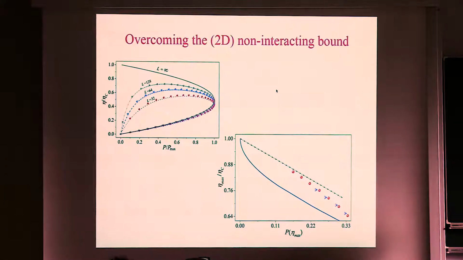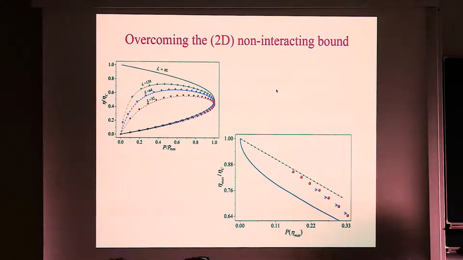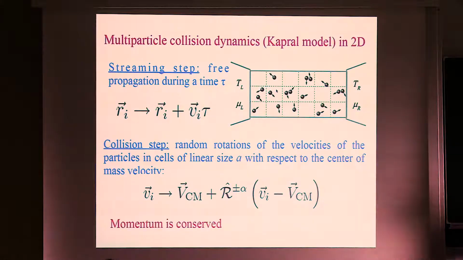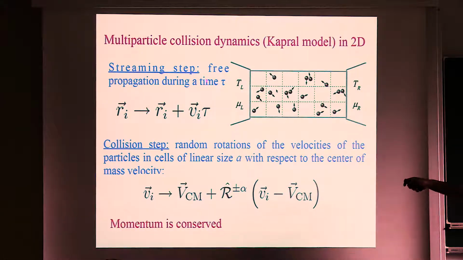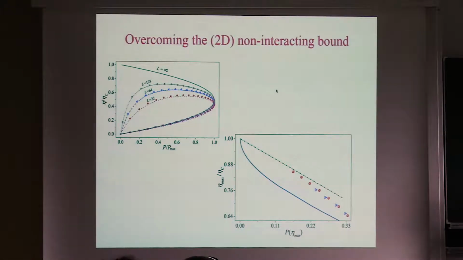And so you can repeat all this analysis. You can, for instance, verify that you obtain data which are in very good agreement with linear response. Then you can rederive the scattering theory bound in 2 dimensions. It is a little bit more involved, but you can consider free gases and injection, a diffusion process of injection through these openings. Then you can derive this bound. And then you get this point, efficiency versus power, and you go beyond this bound, and this is again the asymptotic behavior.